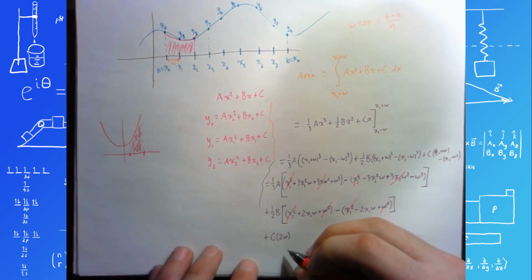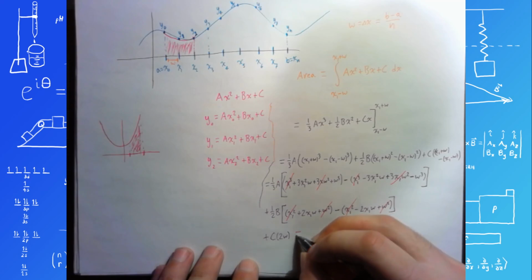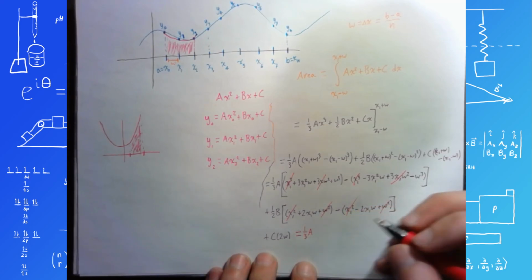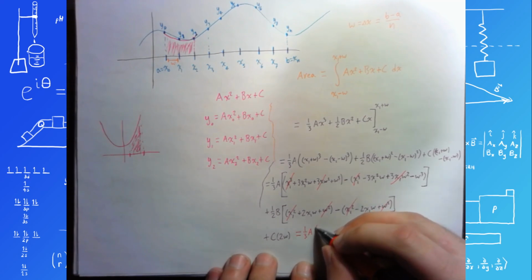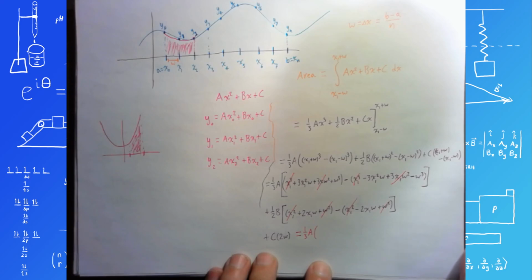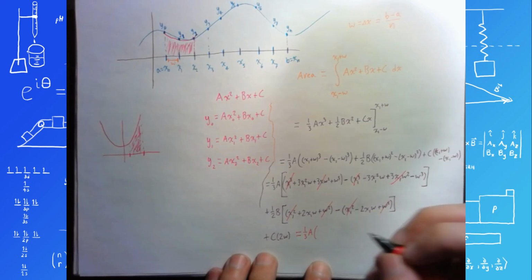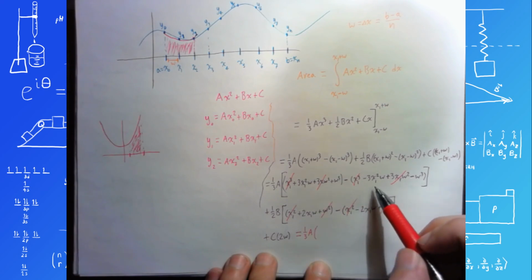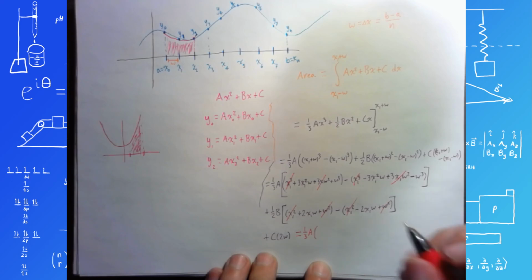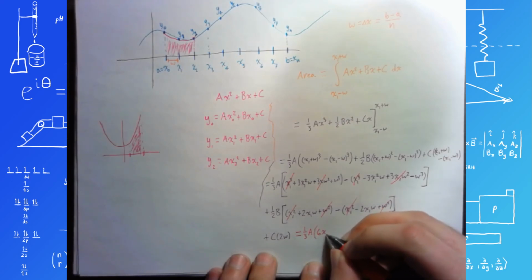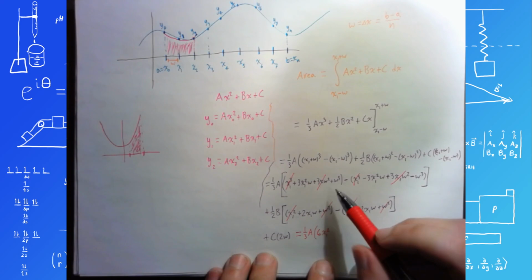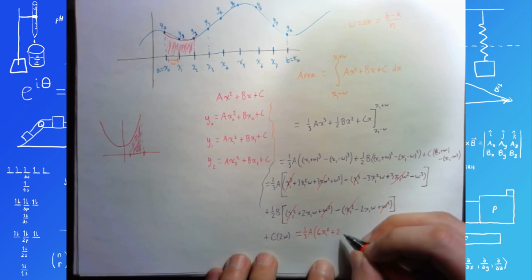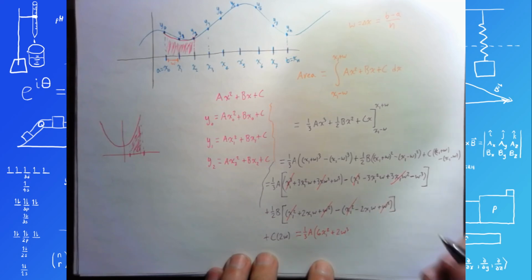Okay, so we end up with, I guess I'll write it over here, 1/3 a times 2 of 3x1 squared, so 6x1 squared. And also we have w cubed minus negative w cubed, so plus 2w cubed.